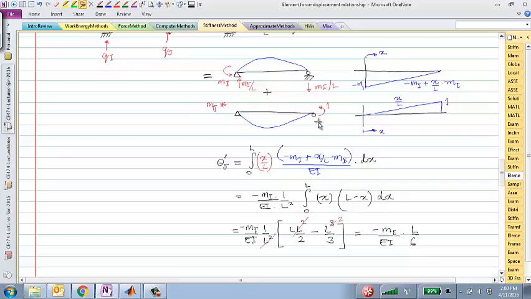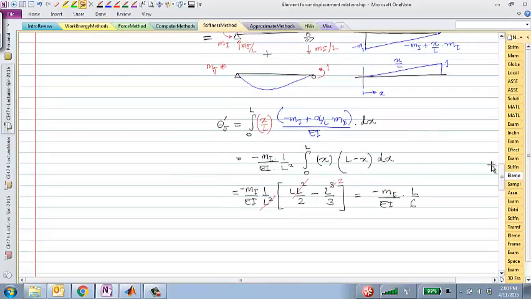Similarly, if you look at the rotation for this problem now, the second half of the redundant problem, if I give it a unit moment here, I want to find what is the rotation at this end. So that is something that I would call the flexibility coefficient for the rotation at this end. I'll call that alpha jj. So alpha jj is again something that we can read off of this table.